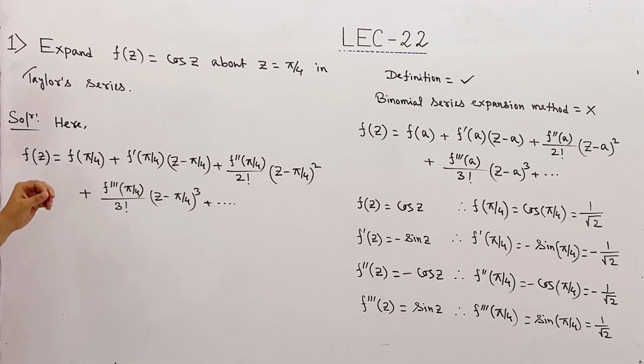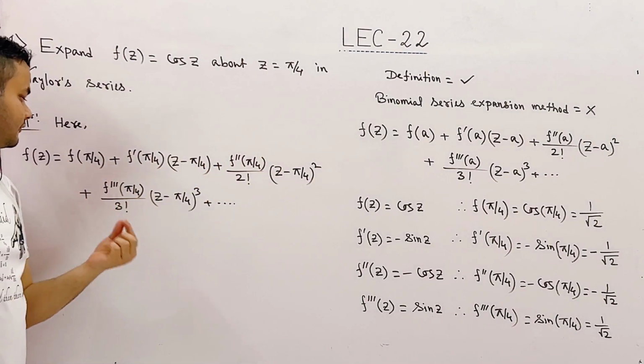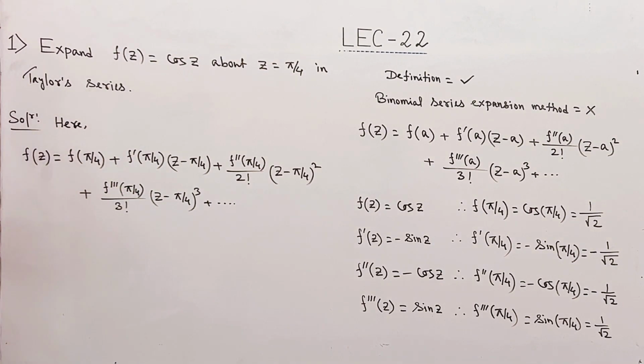Now let us find out the values of f pi by 4, f prime pi by 4, f double prime pi by 4, f triple prime pi by 4, etc.